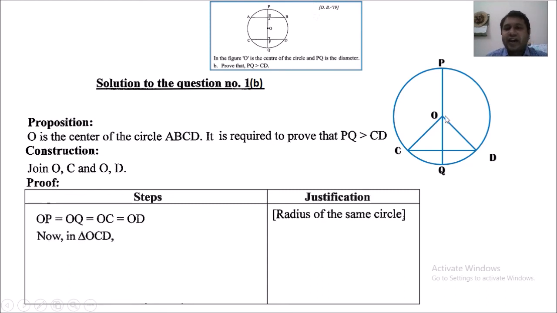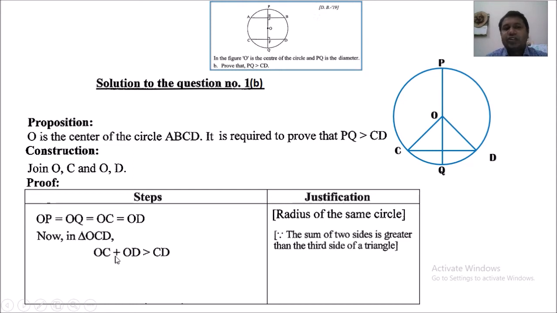So in triangle OCD, we can write OC plus OD is greater than CD. The sum of two sides is greater than the third side of a triangle. It's a theorem of class 7, I think you can remember.